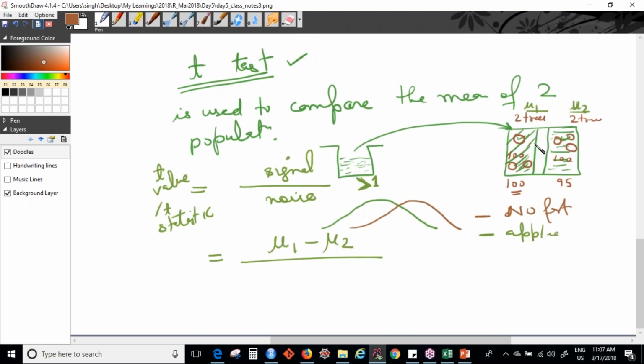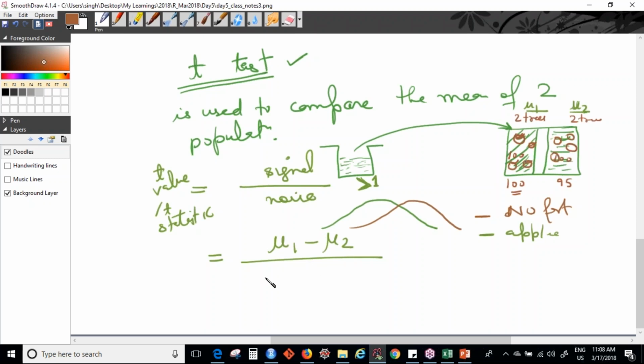Let's say you have taken 4 samples here and 4 samples here also. Each sample will have some average, the average quantity of apples produced in that sample. You take all these numbers and take their total average. That total average is mu1. Similarly, the total average of all these samples is mu2.